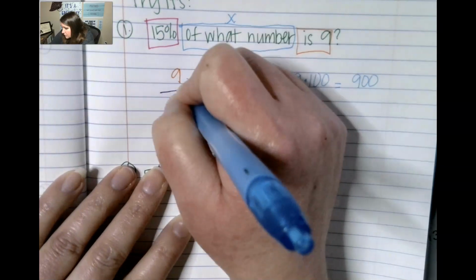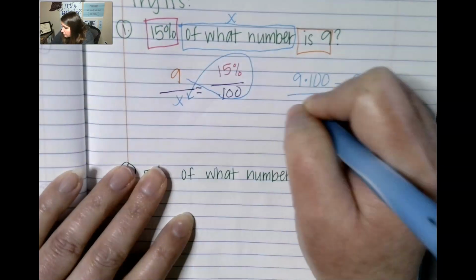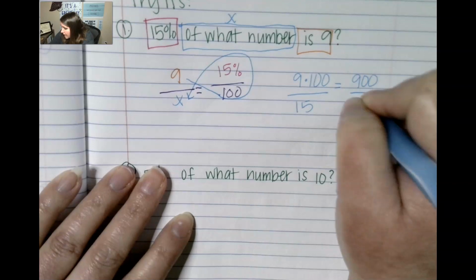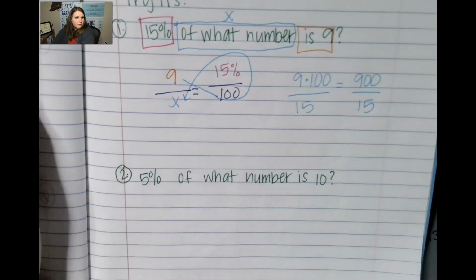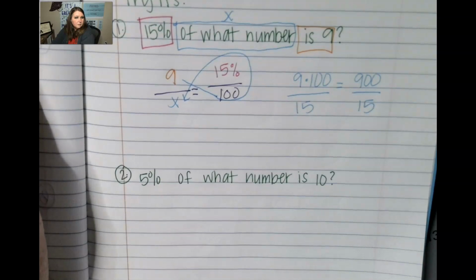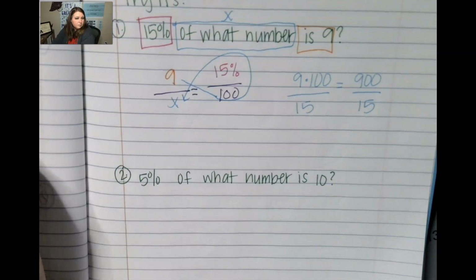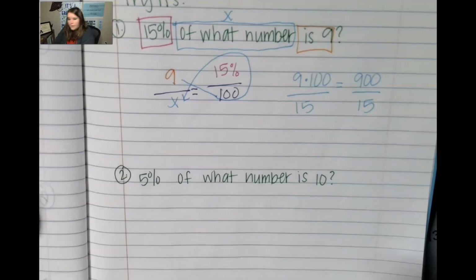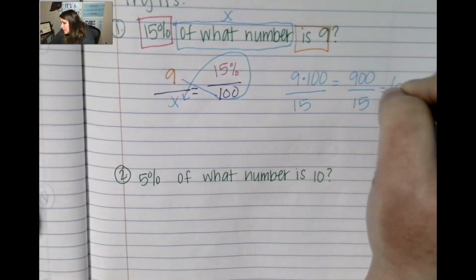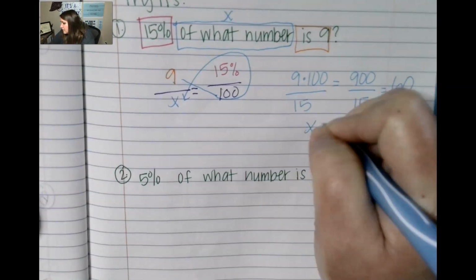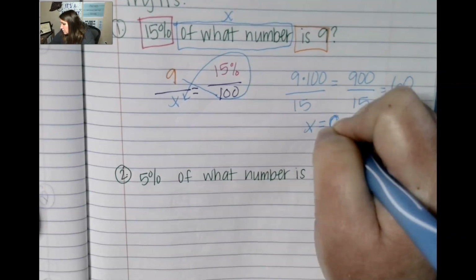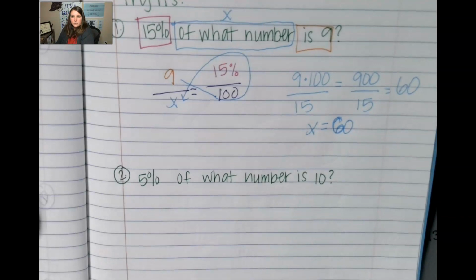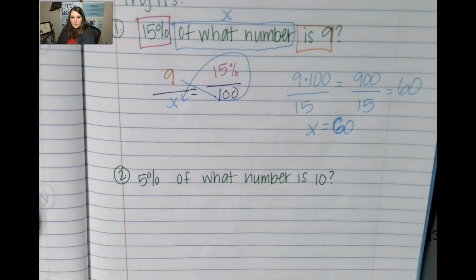Divide by 15 so I can get x. 900 divided by 15. And that gives me 60. So x equals 60. Okay, next problem.